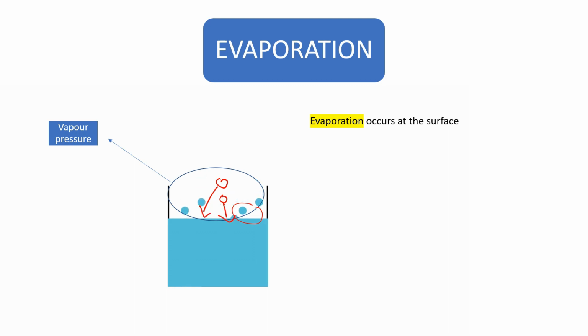So at equilibrium, the amount of water getting converted to vapor will be equal to the amount of vapor getting converted to liquid. So both will be equal. That is called an equilibrium. At this point, the pressure exerted by the vapor is called vapor pressure.